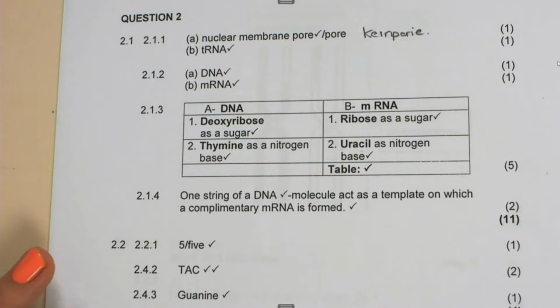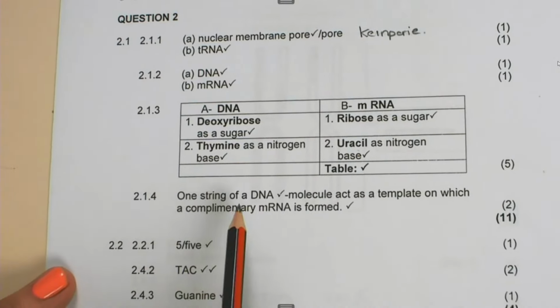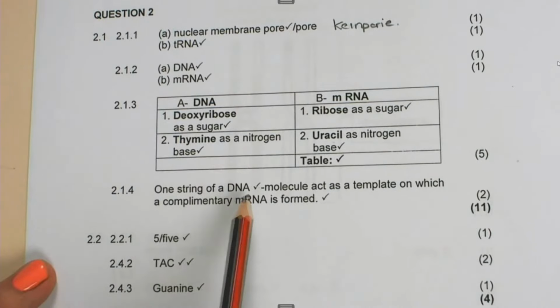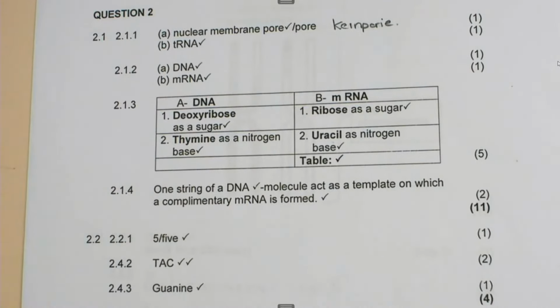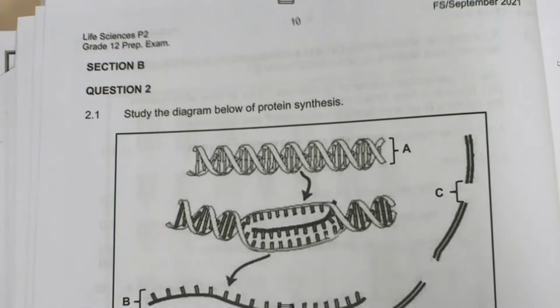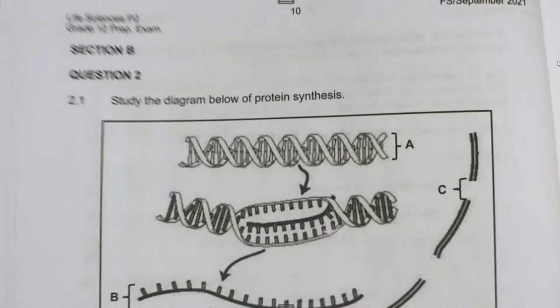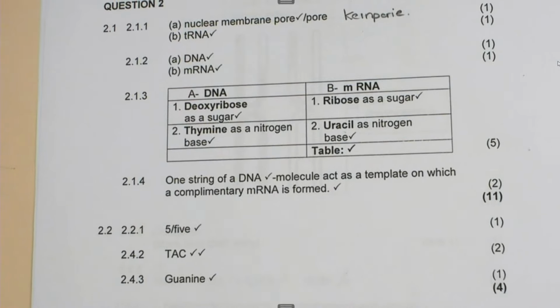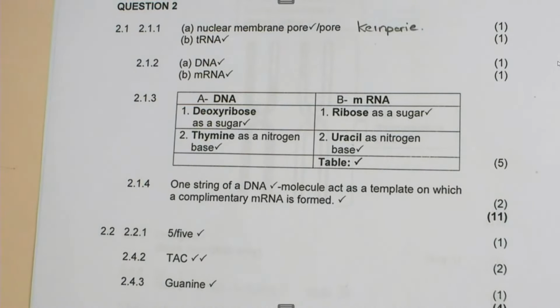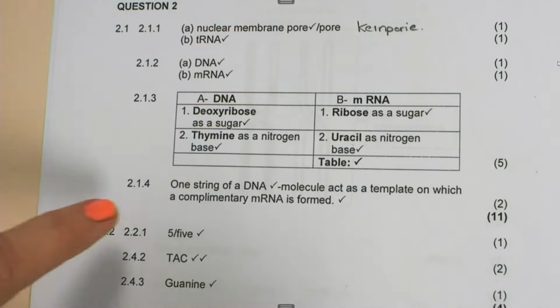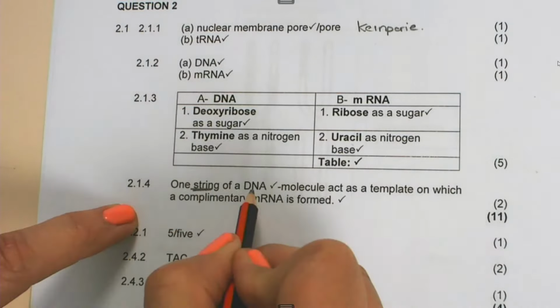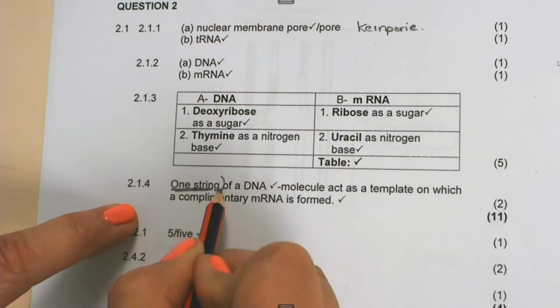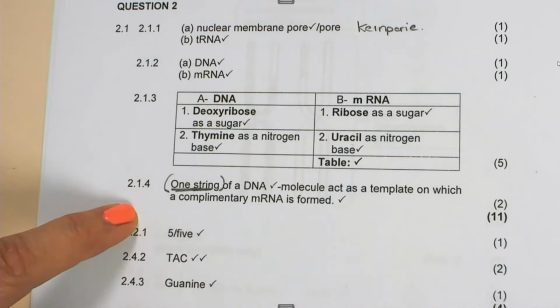All right, and then 2.1.4, describe the role of molecule A. Molecule A is the double helix. So the role that the DNA plays in transcription is that one string of DNA, one string, and that is actually very important, of the DNA molecule acts as a template on which complementary mRNA is formed.